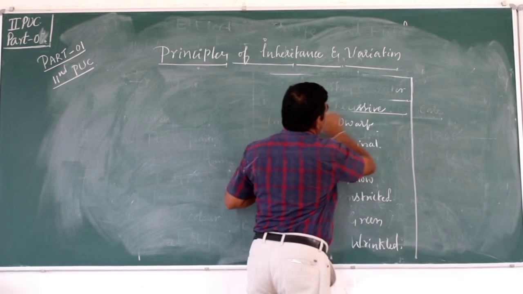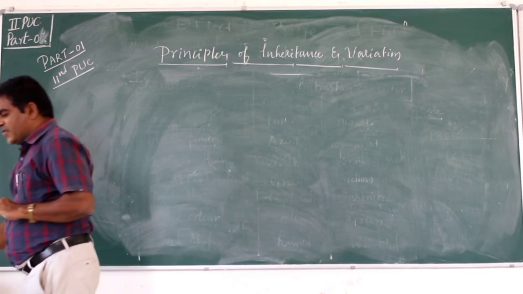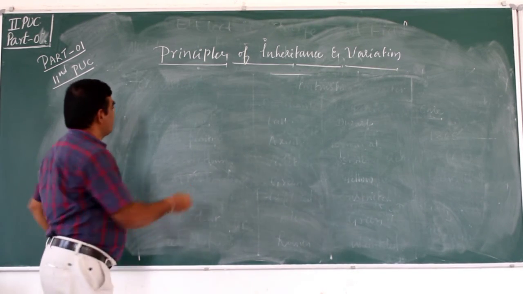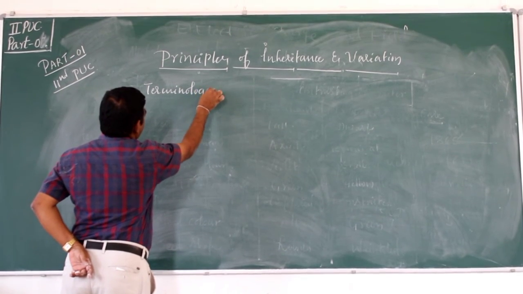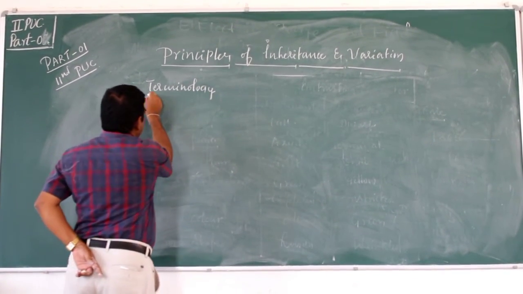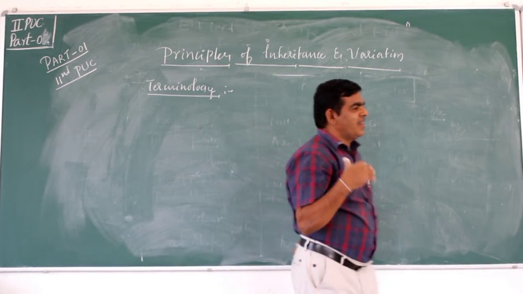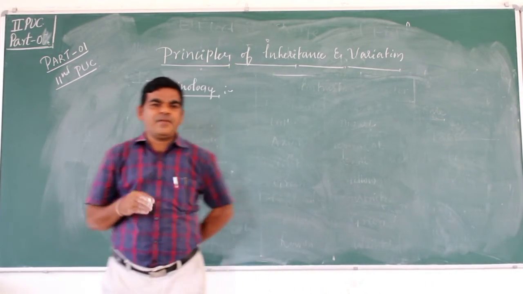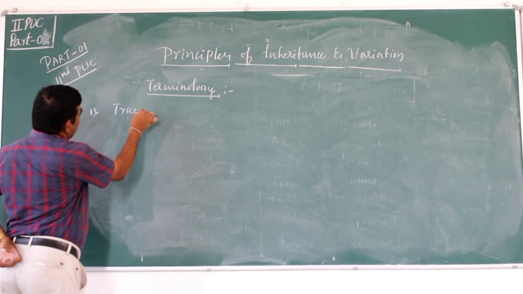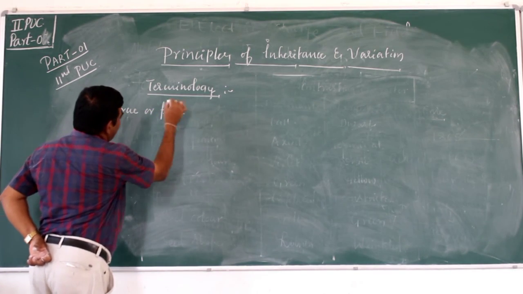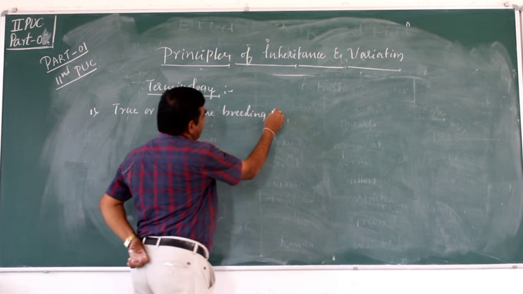Some important terms used in genetics. So first one, the first term is true or pure line breeding variety.